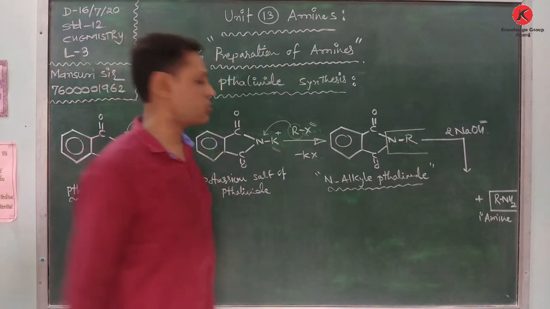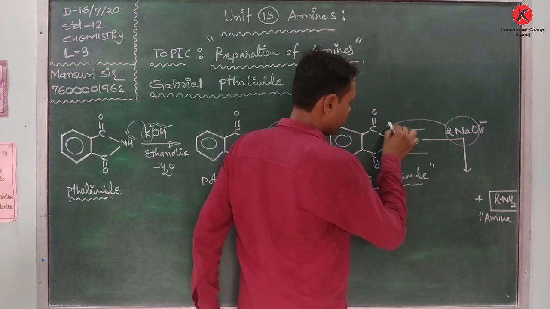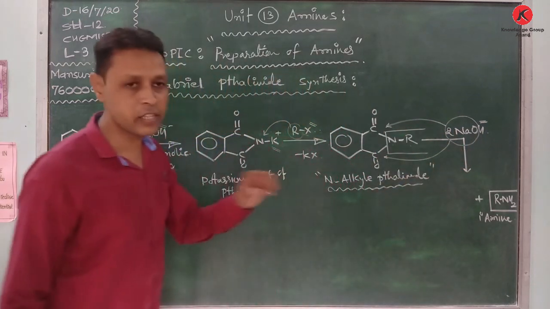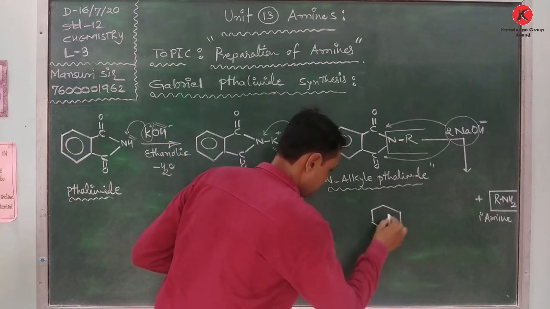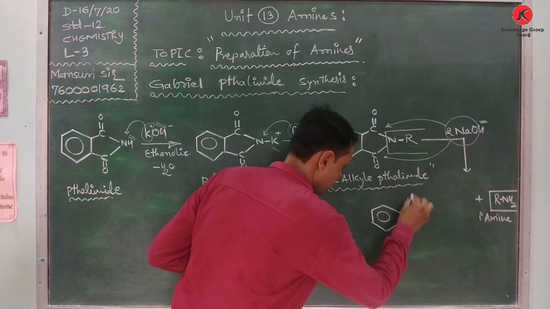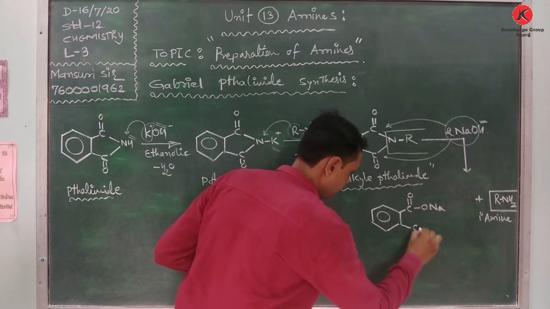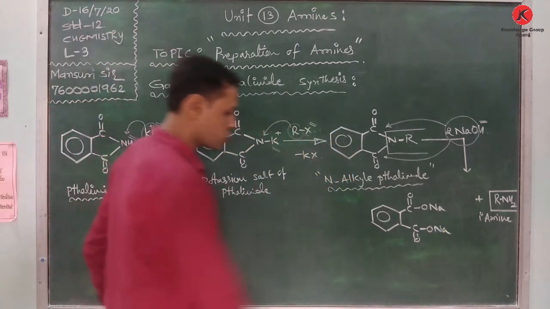The remaining part of this molecule, like ONa, will be attached toward this carbon and toward this carbon. That is why the substance sodium phthalate will be obtained. This is sodium phthalate.